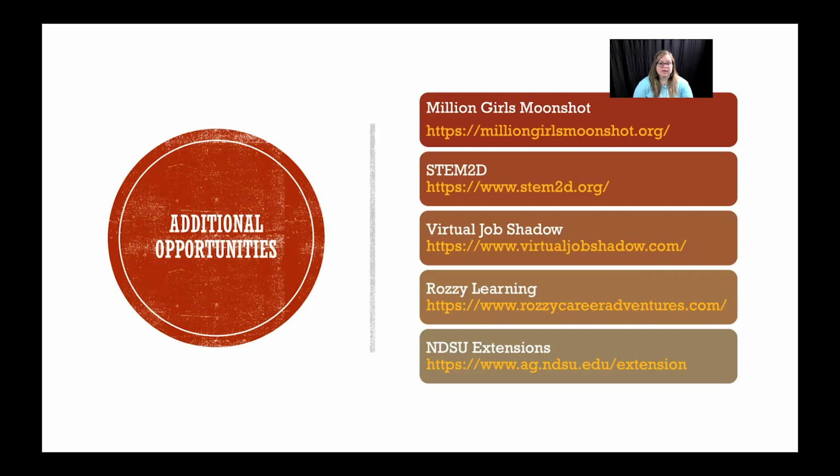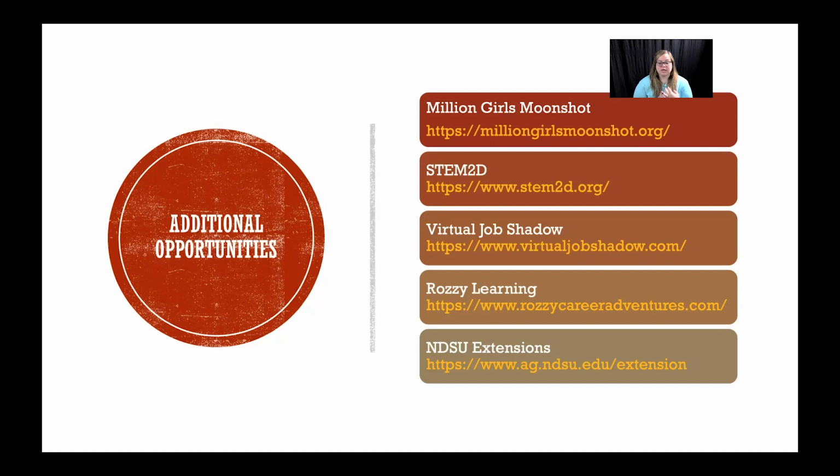those ideas. A few of the different opportunities that I have websites for you that you can check out is Million Girls Moonshot, STEM2D, Virtual Job Shadow, Razi Learning, and then NDSU Extensions. And of course, what these are going to do is not necessarily pave the way for every single one in the same way, as we all have different businesses, different areas, and different programs, but they can provide you ideas, opportunities.